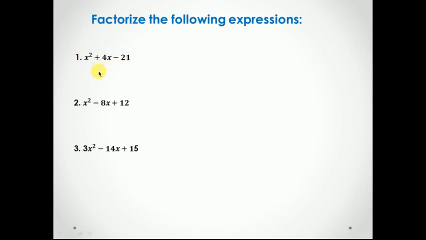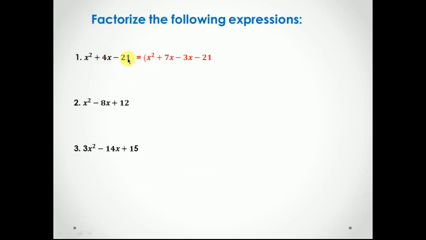So we need 2 numbers that would multiply to give us negative 21, and when we add them, it will give us positive 4. Of course, we know those 2 factors should be 3 and 7. Well, the 3 will have to be a negative 3, because we want a positive 4 when we add them.